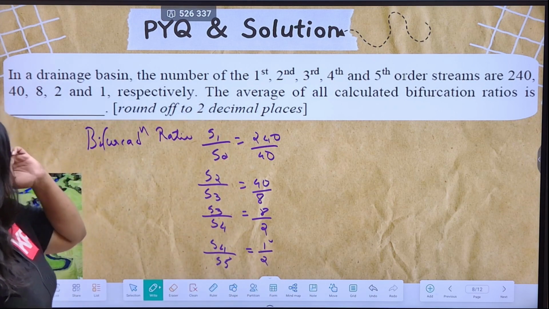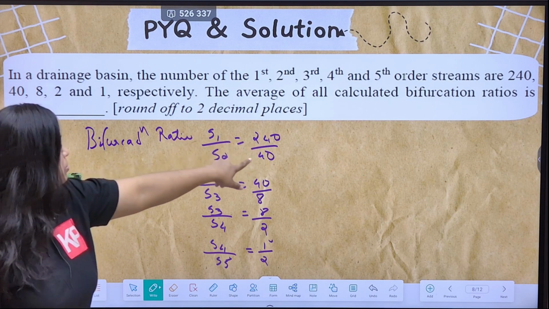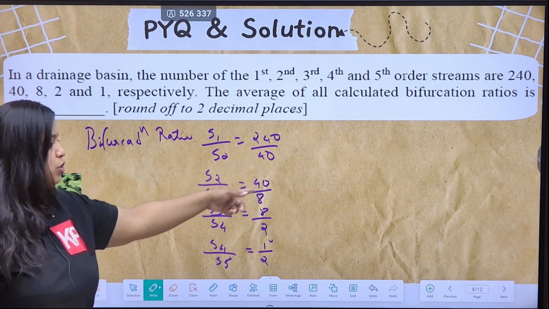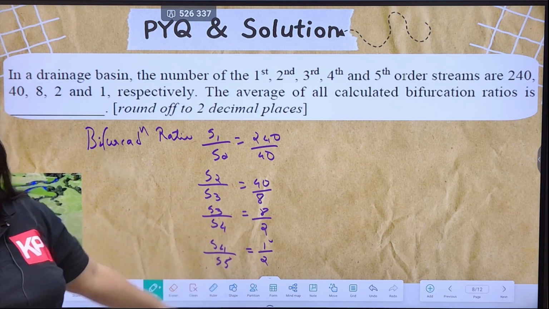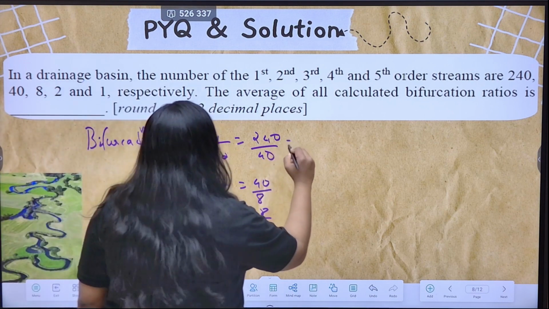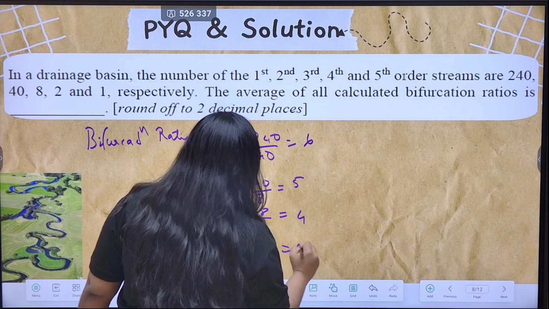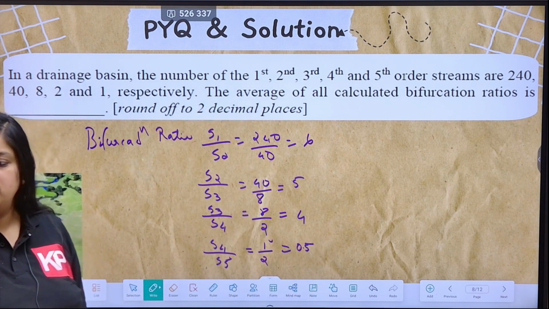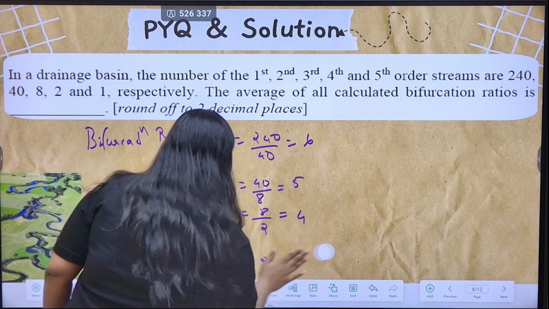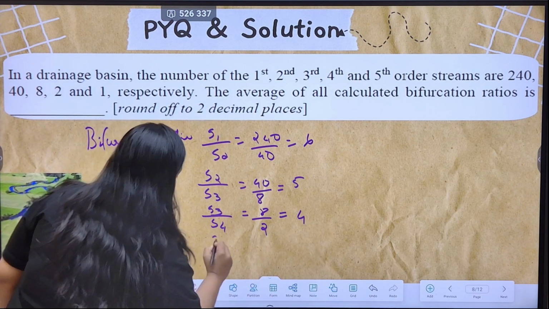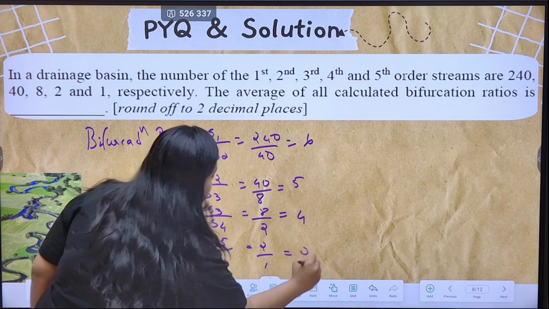So the number of first order streams is 240, that of second order streams is 40, S2 by S3 is 40 by 8, this is 8 by 2 and this is 1 by 2. Easy to calculate: 240 by 40 is 6, this will be 5, 4, and 0.5. Sorry, I made a mistake. This will be S5 by S4, that is 2 by 1, which is equal to 2.